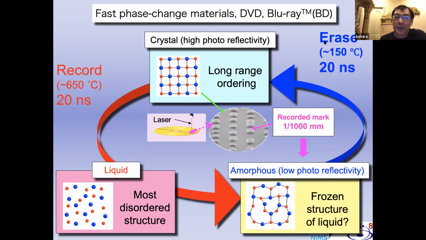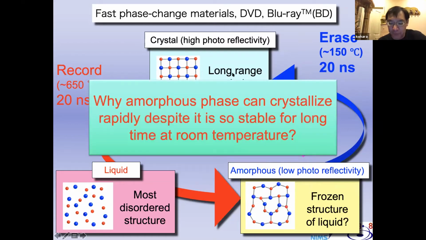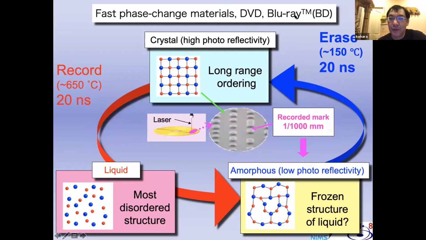GST225 is a very good material and used only in DVD-RAM developed by Panasonic. But unfortunately, not commercially successful in Japan. It's a pity. But we are interested in the very fast crystallization process.